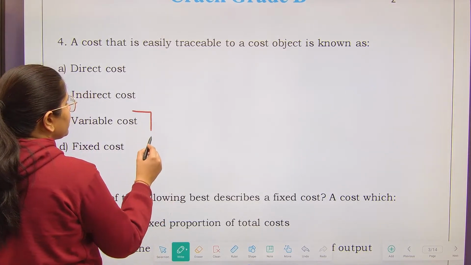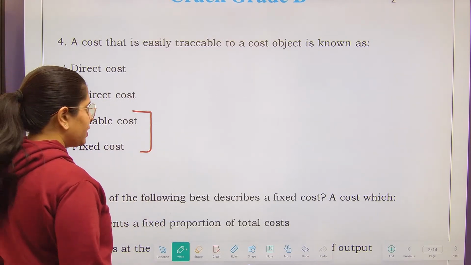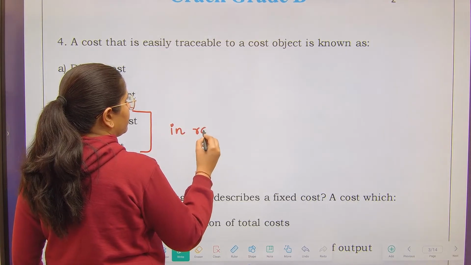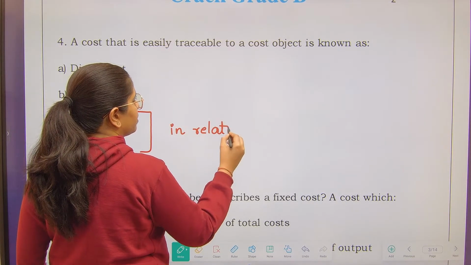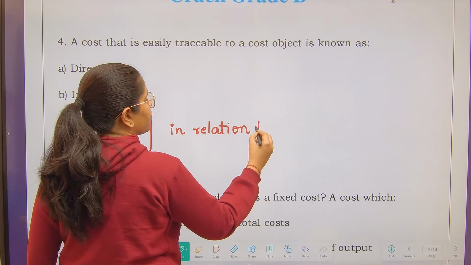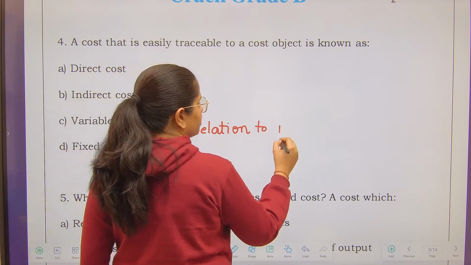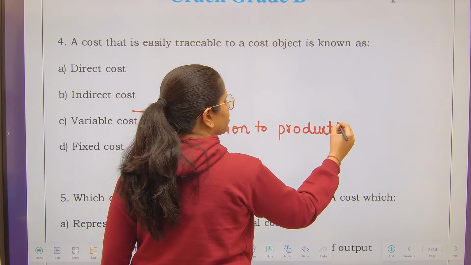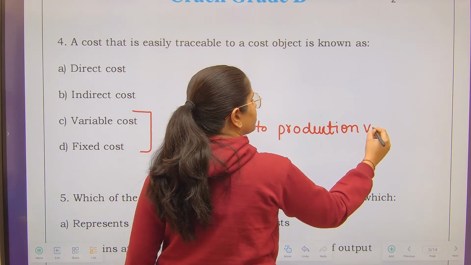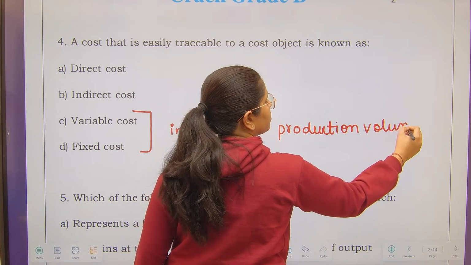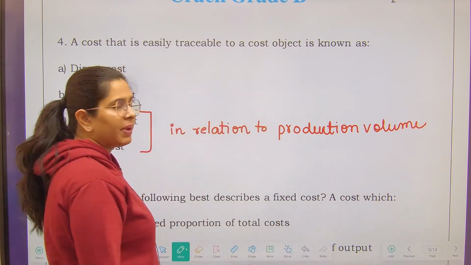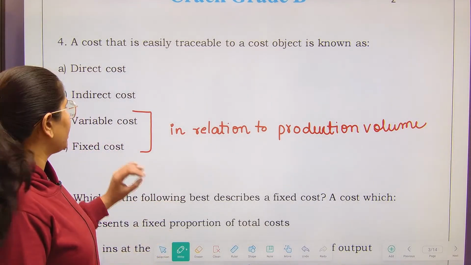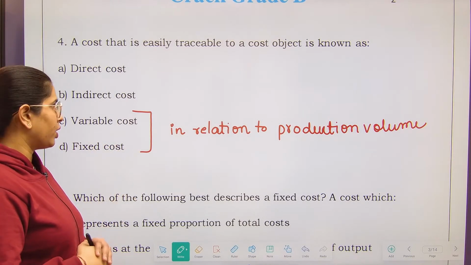See, variable cost and fixed cost, the nature of both of these depends in relation to the production volume, right? It depends on the production volume. So whatever your production will be, variable cost and fixed cost will change accordingly.